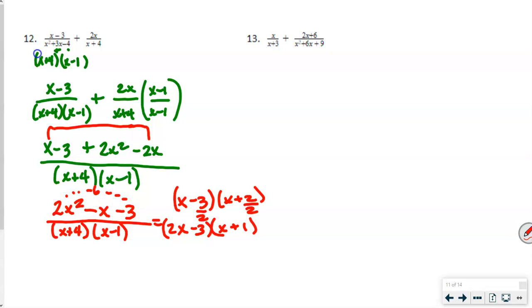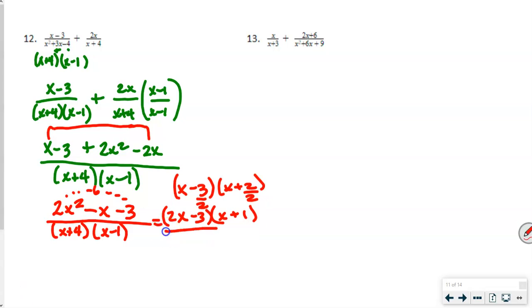Then notice in the denominator, we don't have any common factors. So I'm just going to rewrite that in the denominator the way it was to begin with. So I'm going to go ahead and put this over x plus 4 and x minus 1.